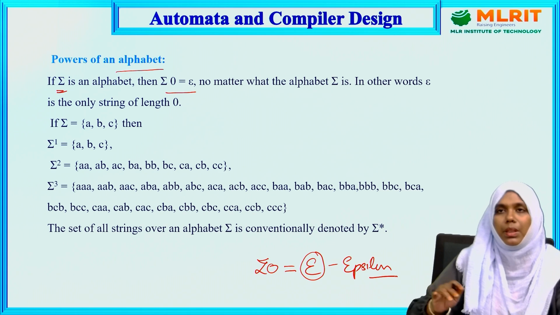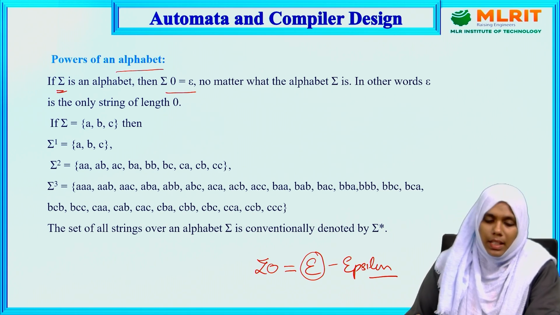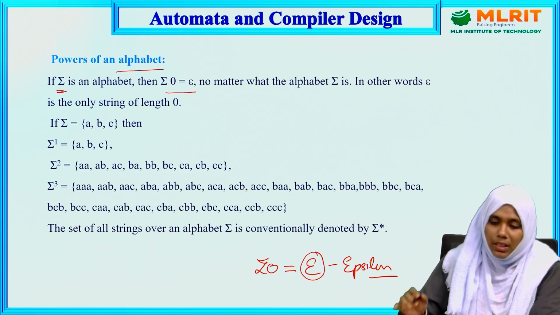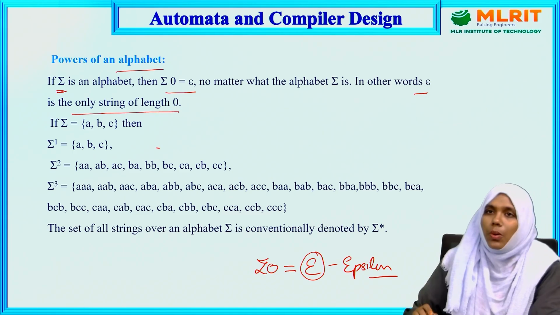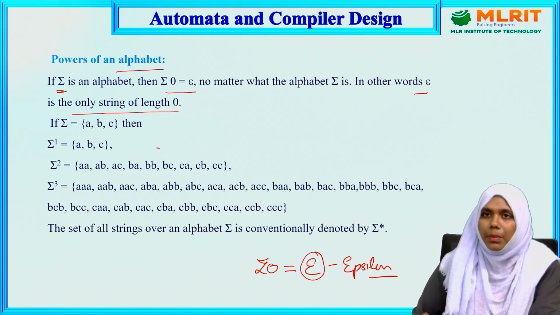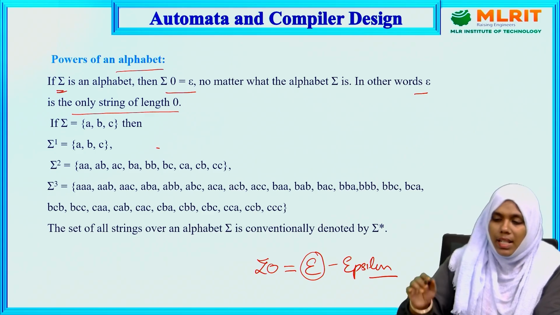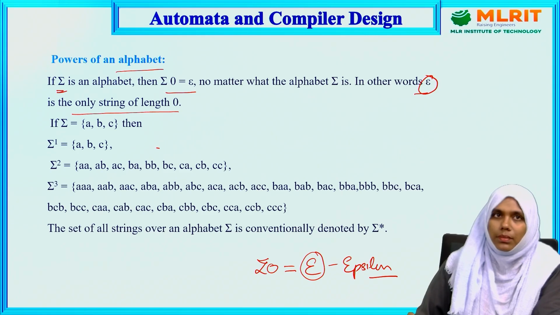Suppose in the alphabet you don't have anything, that is represented as epsilon. In other words, if the string has 0 length, that can be represented with the symbol known as epsilon.